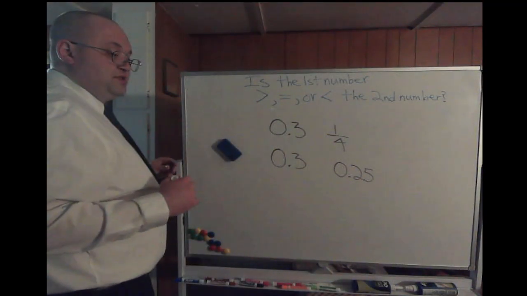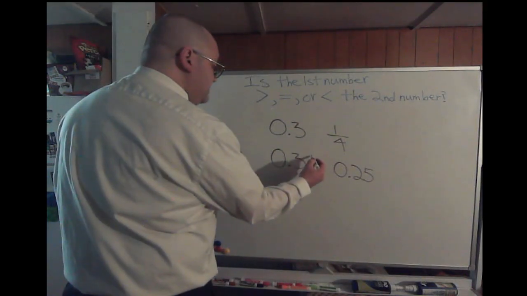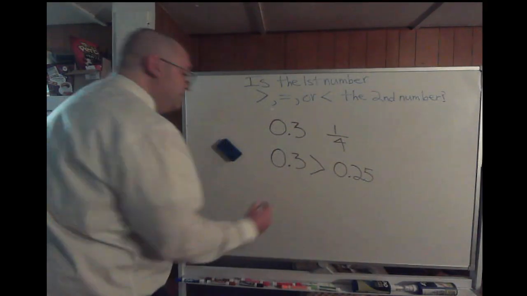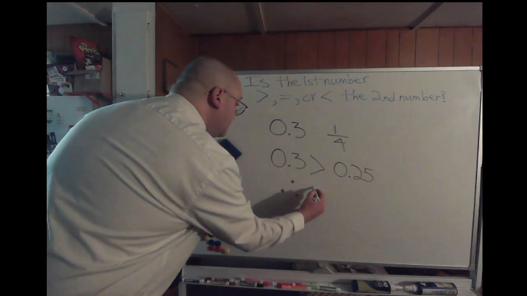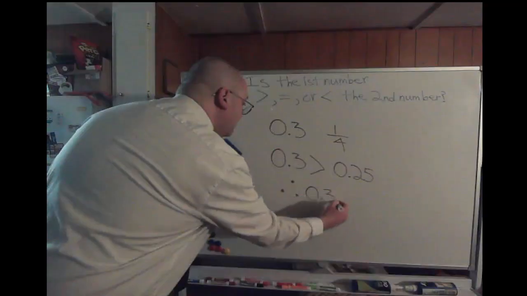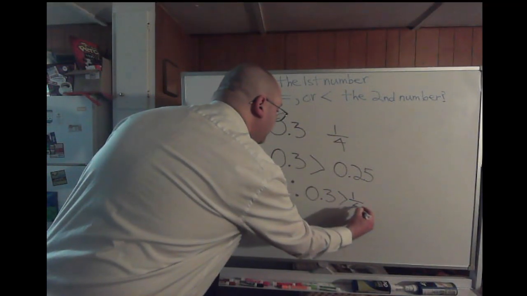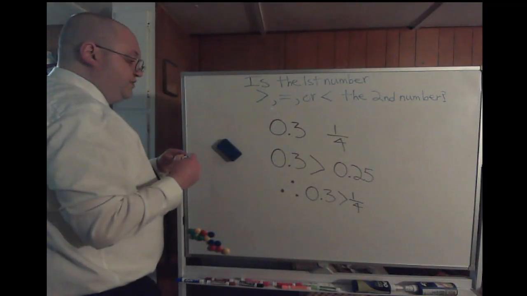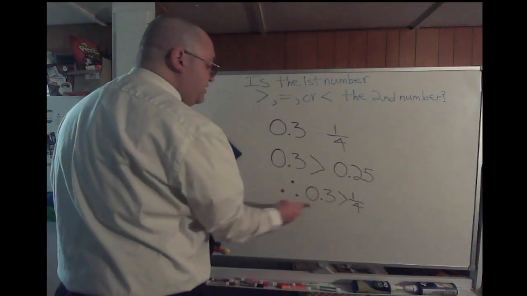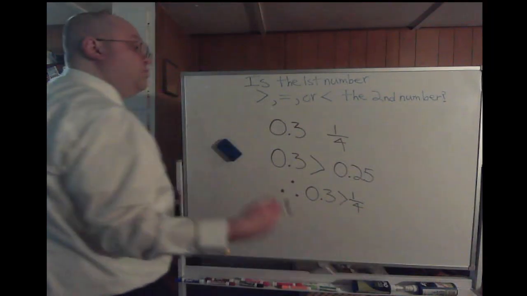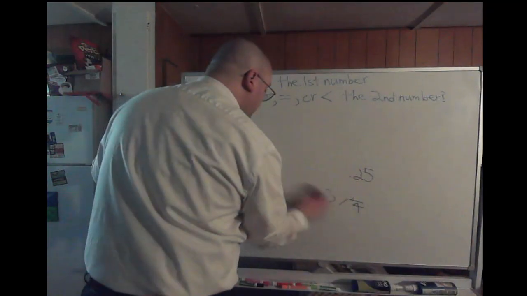All of a sudden it becomes clear. 0.3 and 0.25, well, 0.3 is definitely greater than 0.25. So you'll make a therefore statement. Therefore, 0.3 is greater than 1/4. You want to make sure you put it back in the original form once you've arrived at your answer. So therefore 0.3 is greater than 1/4.